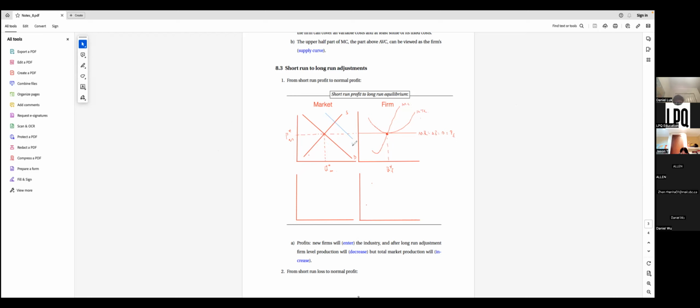We label this one D prime. Prime means this is a new demand curve, made by shifting your old demand curve to the right. So the market equilibrium point has changed, from E number 1 to E number 2.